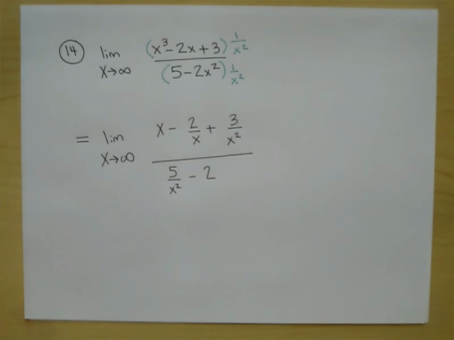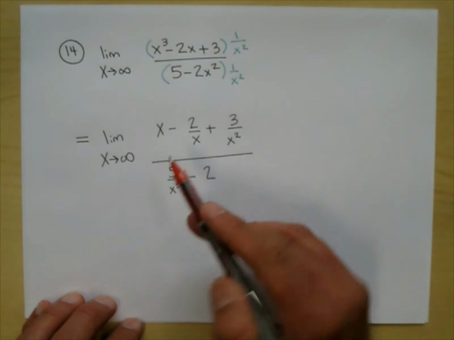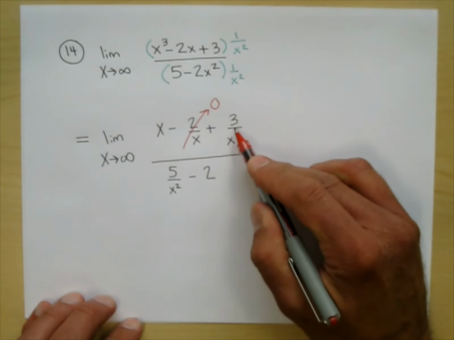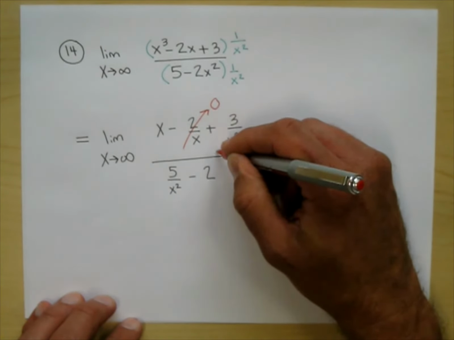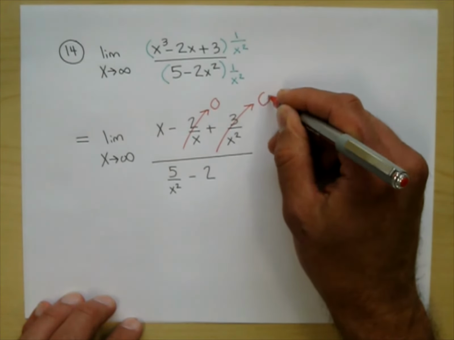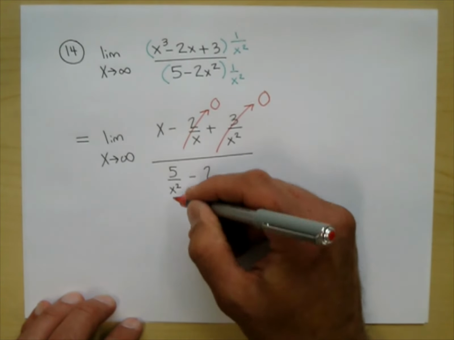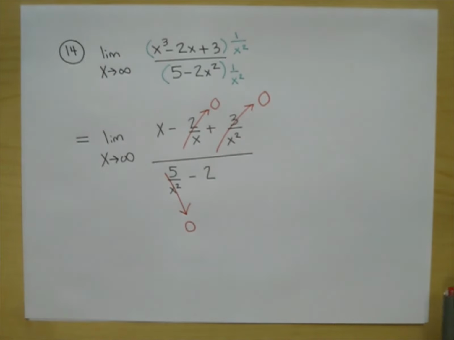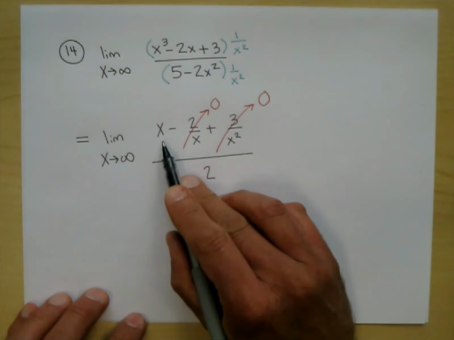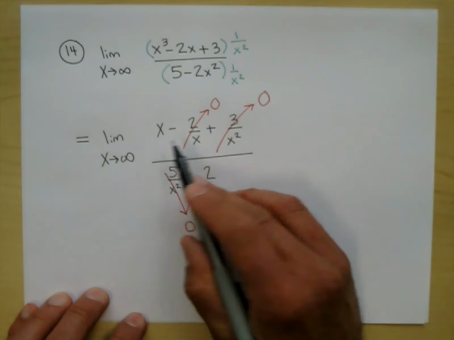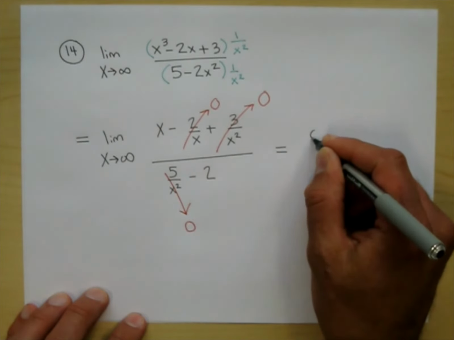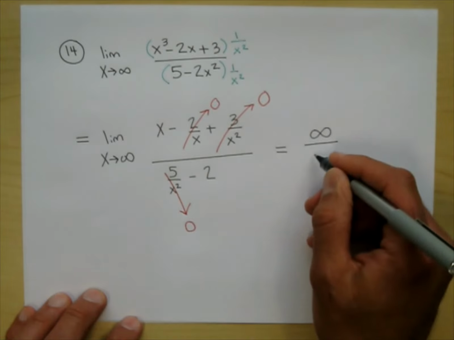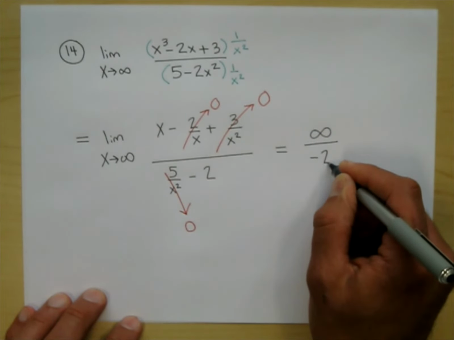Okay, when you go ahead and put infinity in, 2 over infinity, 0. 3 over infinity squared, or 3 over infinity, goes to 0. 5 over infinity squared goes to 0. Look what happens now. This one is just an x, so when you put infinity in for that, you have infinity, and on the bottom you have negative 2.